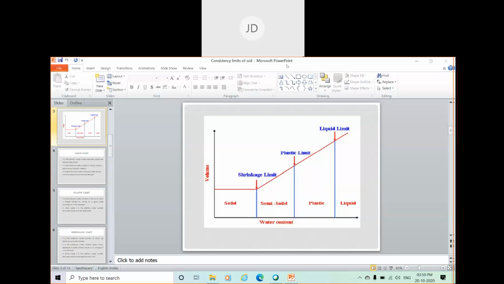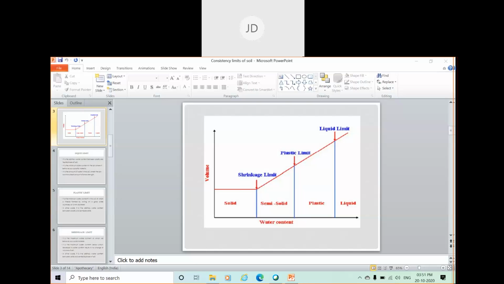So let's find out the alternate definition for shrinkage limit. The shrinkage limit can also be defined as the maximum water content at which a reduction in water content will not cause a decrease in volume of soil mass.